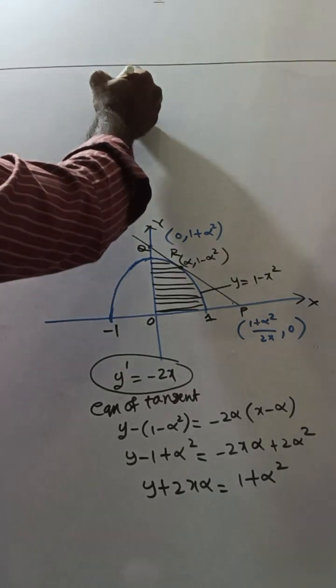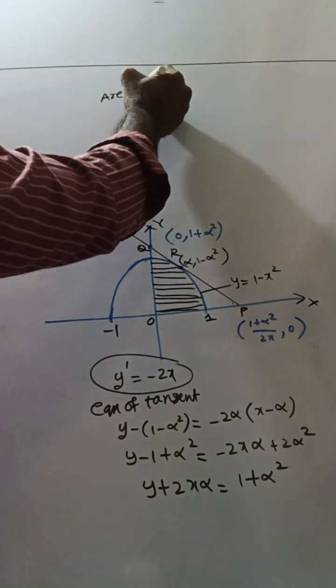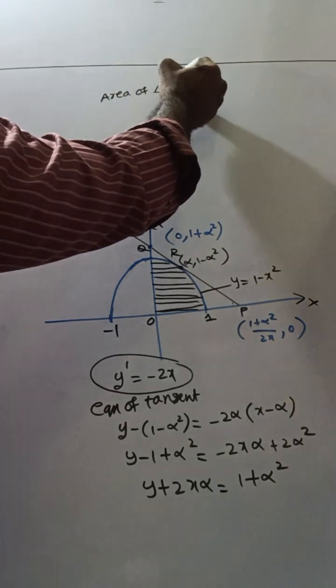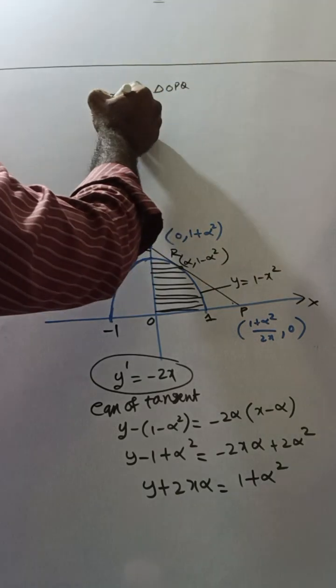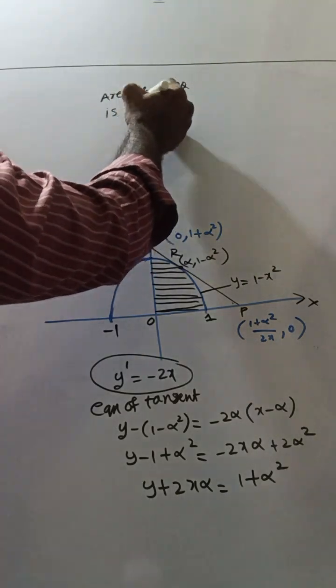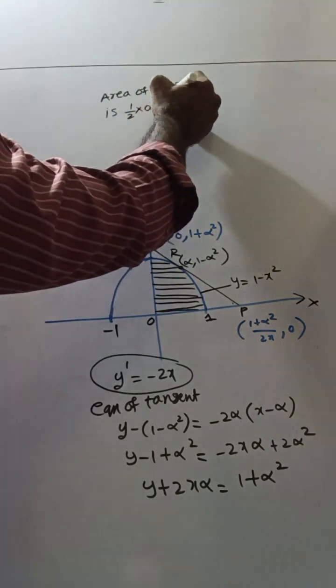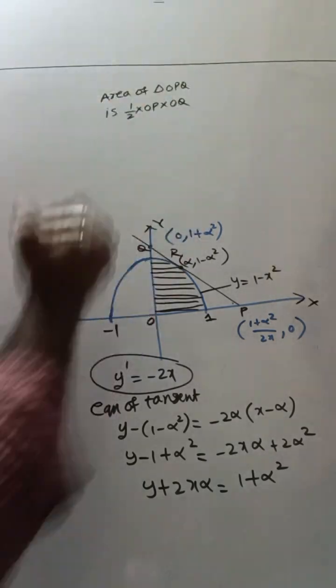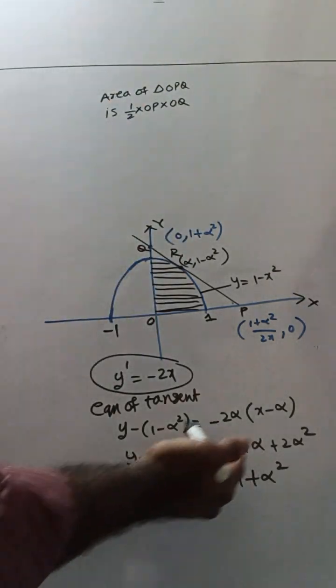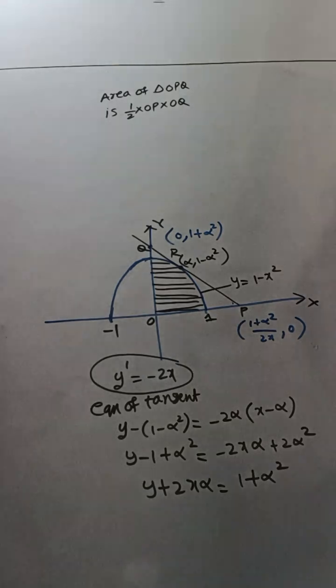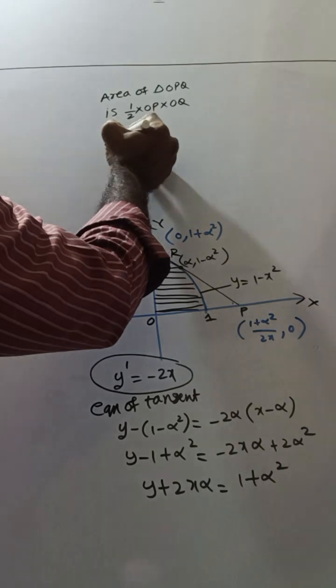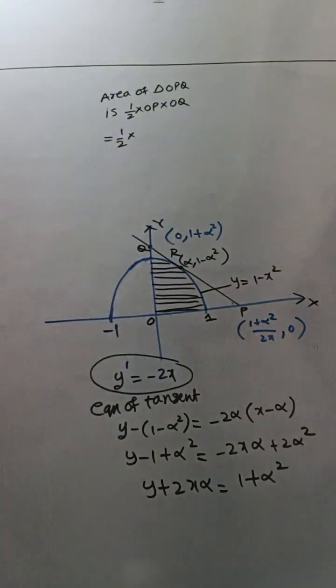So I am writing here, area of triangle OPQ is half into base OP into height OQ, or you can use the formula c square by 2 times mod of AB also. So half into, what is OP here?